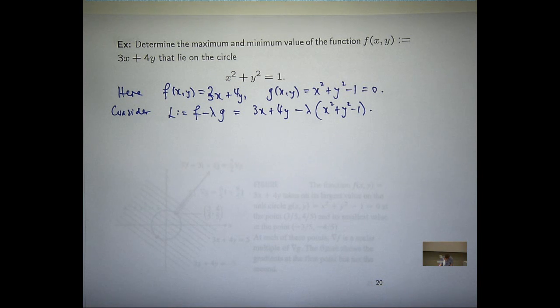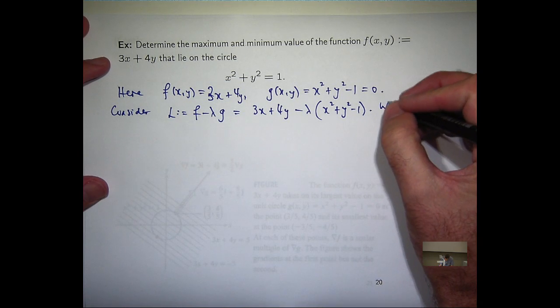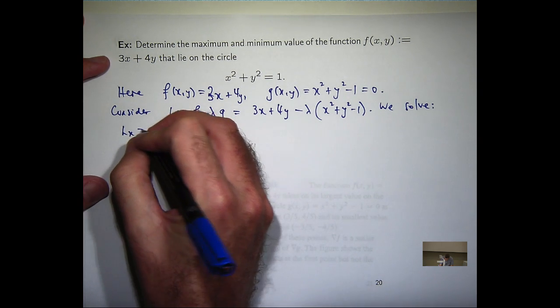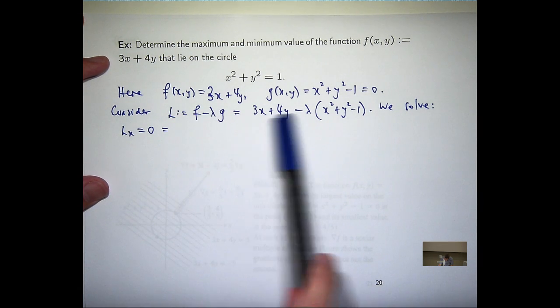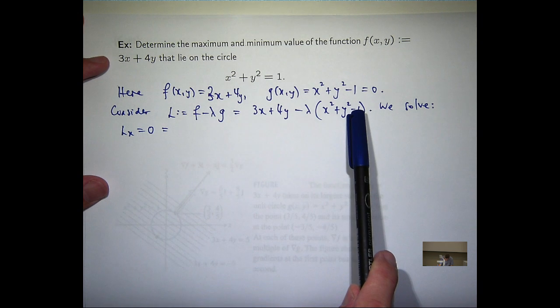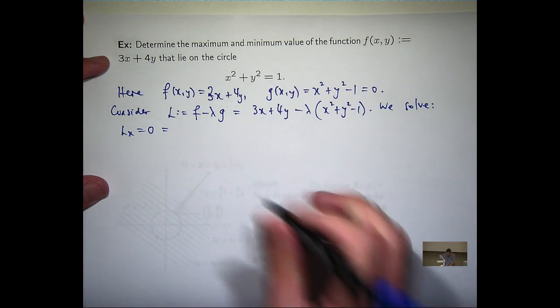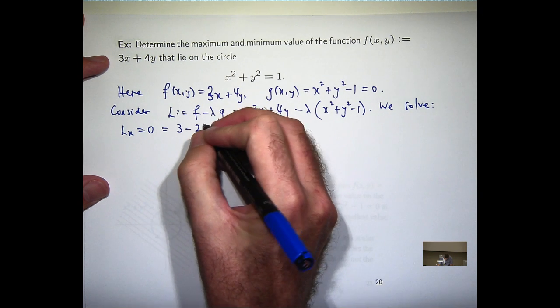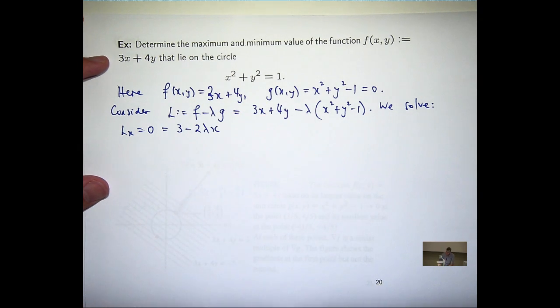So we're going to solve the following. So go into here, take the partial derivatives with respect to x, and we set them equal to 0. So I'm going to get 3 minus 2 lambda x.